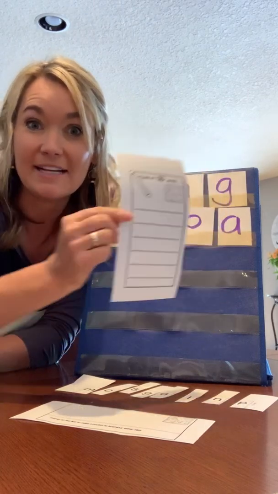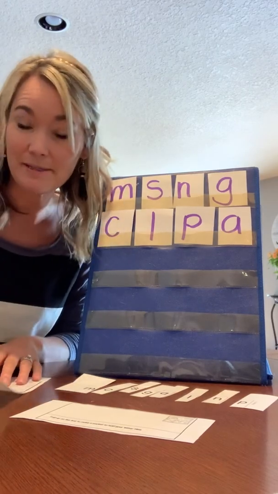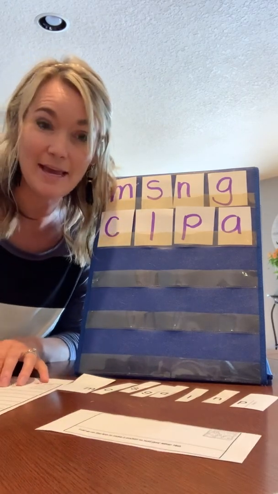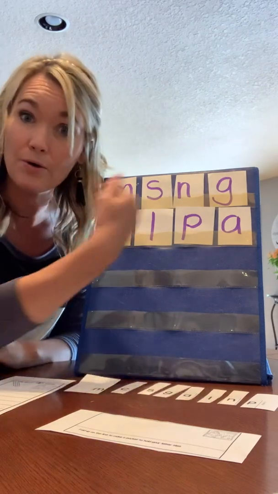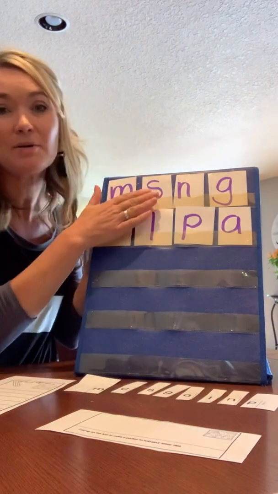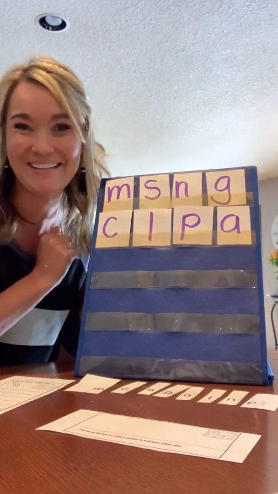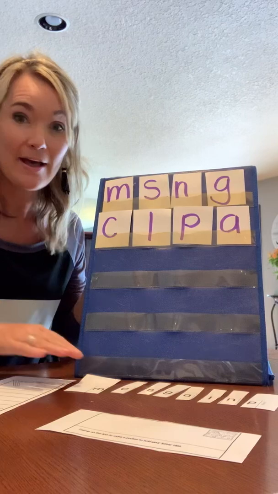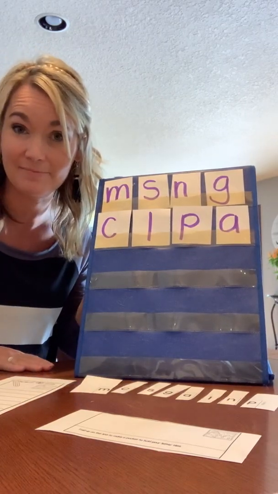That tells you that that's where you're going to record. Okay, so take a moment, please, and pause this as you get your materials ready. It does not matter what order your letters are in. I'm going to work here just so that you can see the letters better, so that they're bigger. Okay? All right, pause this and get your materials ready, and then pop back when you're ready.